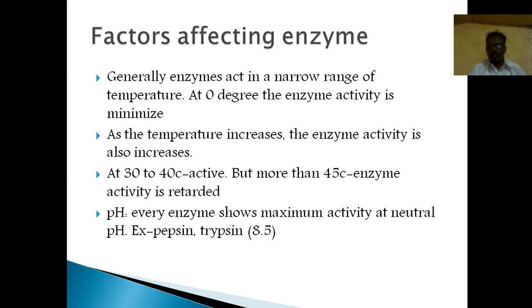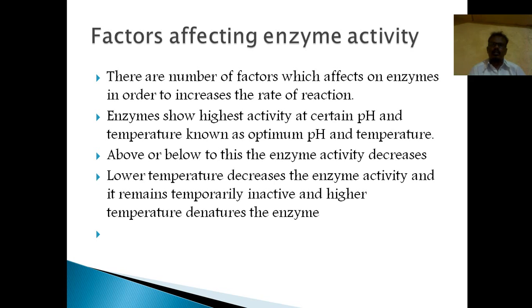Factors affecting enzymes. There are two important factors which affect enzyme activity: one is pH, another is temperature. Optimum pH and optimum temperature. Optimum pH means average pH, whereas optimum temperature means average temperature, not too much and not too less.